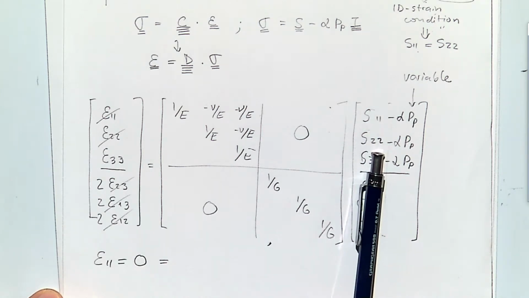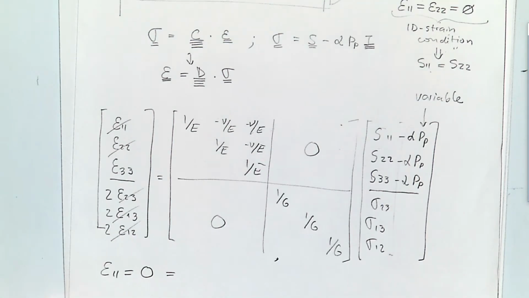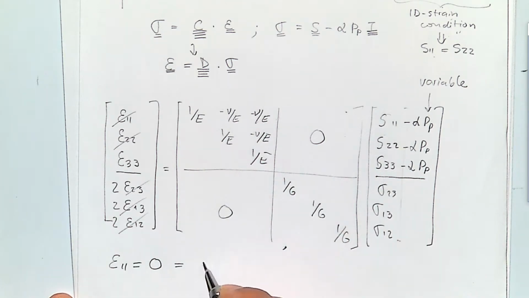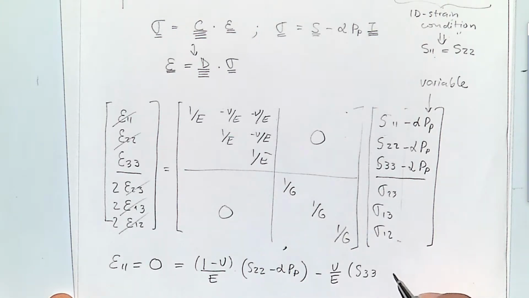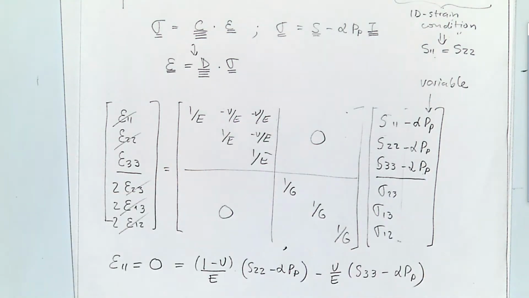Let's just call it, in this case, direction 2, let's call it S22. So the first two parts of this equation are going to be 1 minus Poisson ratio, Young modulus, times S22 minus alpha pp, minus this. Basically, this is just this one times that one plus this one times this one plus this one times this one.